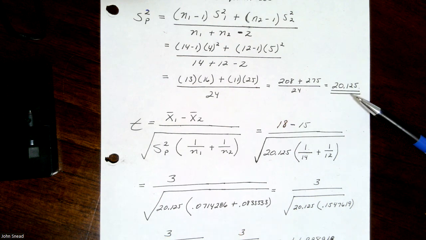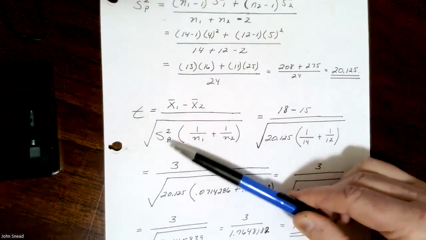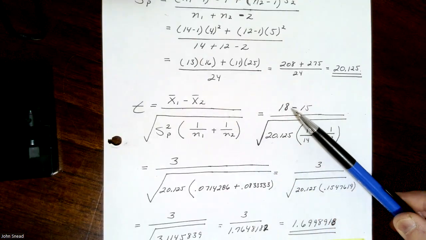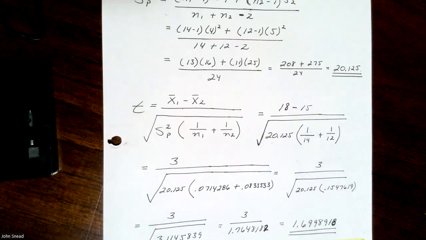And all that we want to do here is include that in the pooled variance part of this T equation. So for T, we're going to take the mean of group 1 minus the mean of group 2. Essentially, we're asking is this average weight loss difference of 3 pounds, the difference between 18 and 15, great enough to be deemed statistically significant, or is it small?